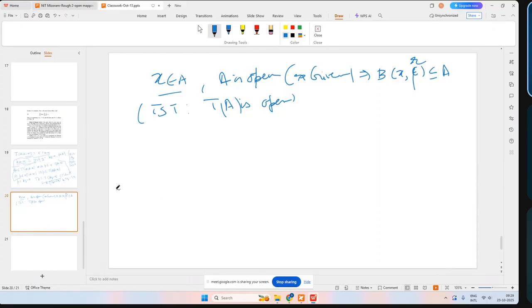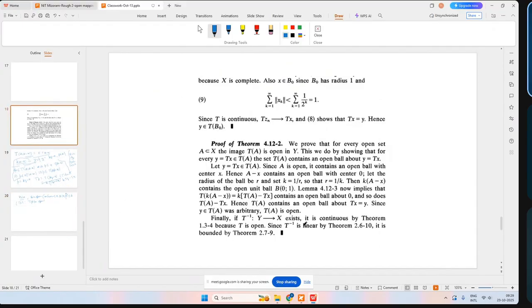So now you look at R equal to 1 by K, then K of A minus X will be T of K minus X that contains an open ball around 0. Therefore, TA minus TX also does, because of the previous argument. Therefore, TA contains an open ball around TX equal to Y. Since Y is arbitrary, therefore, the set TA is open.